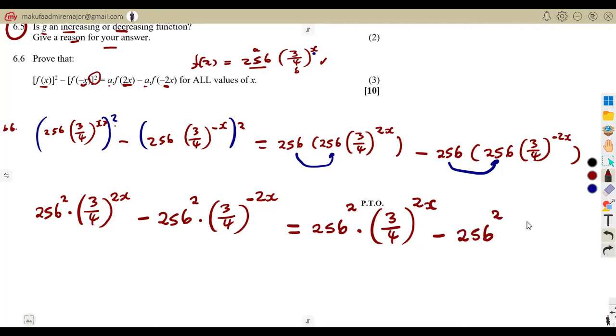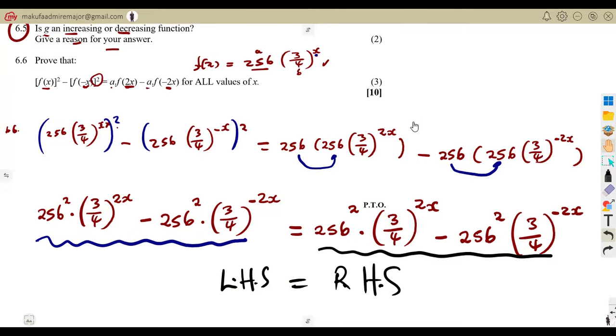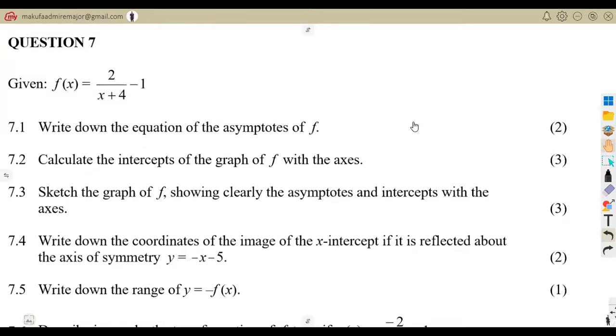So this part remains as it is, 3 over 4 to the exponent of minus 2x. Looking at the left-hand side, it is exactly the same as what we have on the right-hand side. So the left-hand side is equal to the right-hand side. These two are the same by substitution of the information you were given.